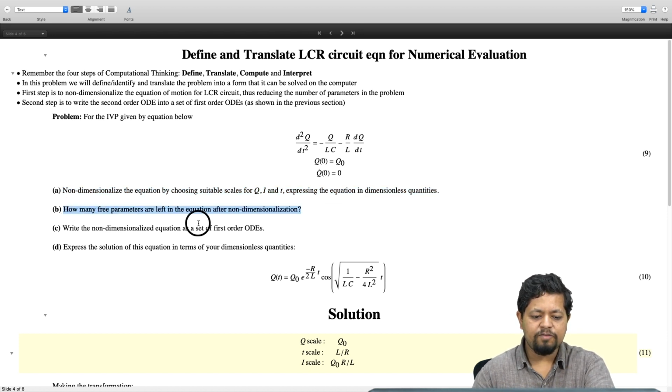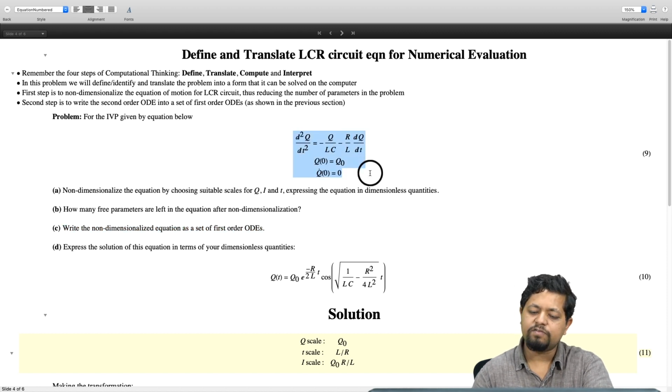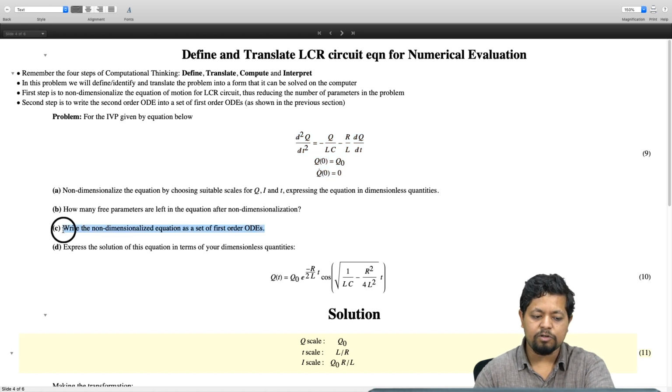Then we are going to check how many free parameters are left in the equation after non-dimensionalization, that is, how many free quantities there are on which our solution can depend. Then we write the non-dimensionalized set of equations as first order ODEs, because those are the ones we are going to put on the computer.